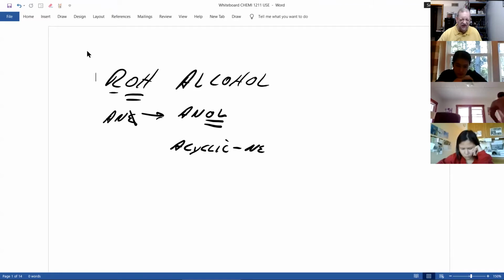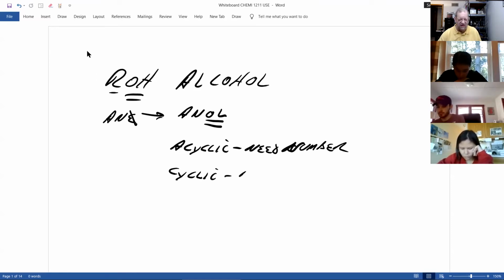For acyclic, you also need a number, which carbon the hydroxyl group is on. For cyclic, no number, because the carbon with the hydroxyl group in a ring is always number 1.